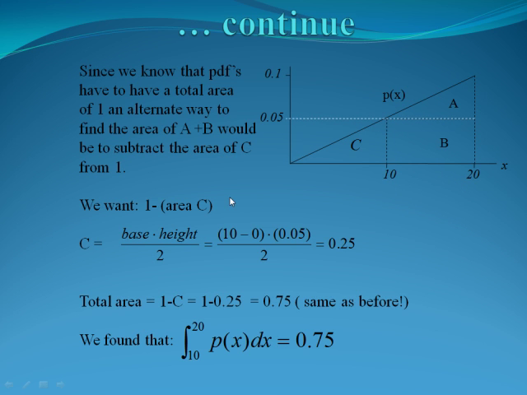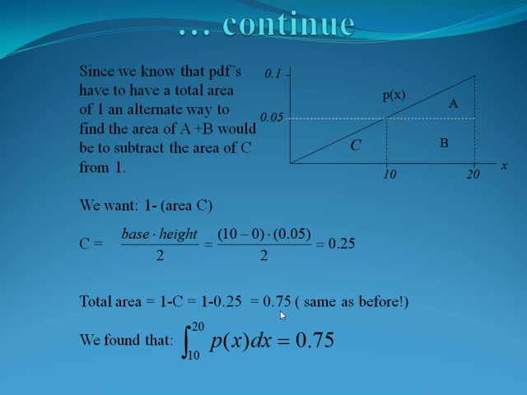So here, area C, again, is going to be 1/2 base times height, because C is a triangle. My base is 10 units long. My height is 0.05, and I take half of that. So area C is 0.25. So if I do 1 minus this area, it just leaves me with the area of A and B. So I do 1 minus 0.25, and that gives me 0.75, same as before.